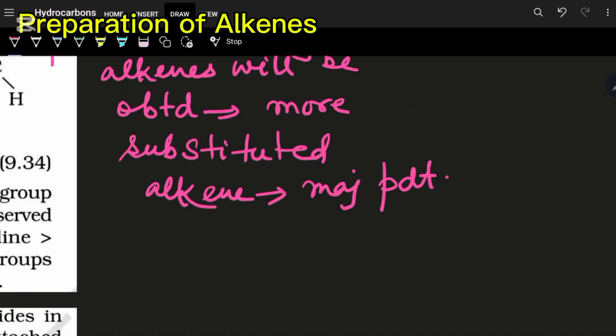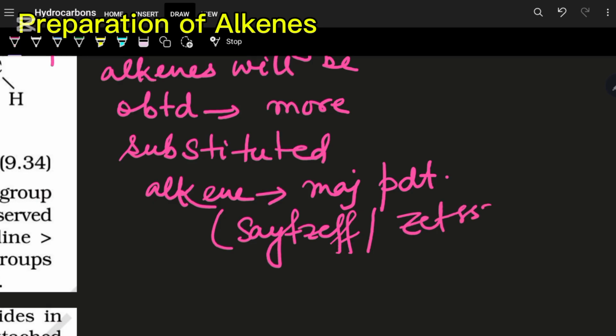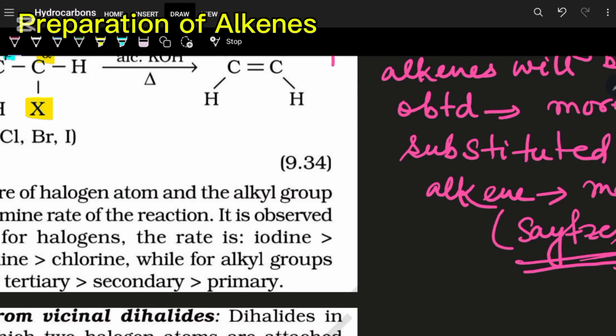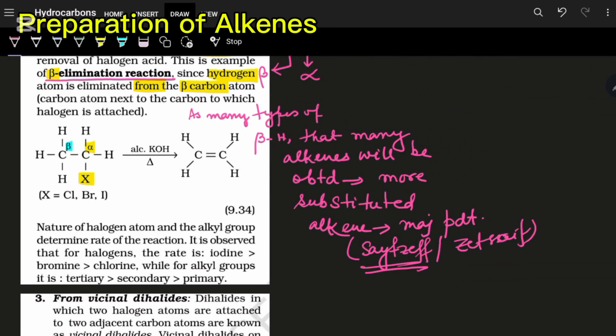This is as per Saytzeff's rule. In some books you may see it written as Zaitsev; both you may get to see. So as per Saytzeff's rule, the most substituted alkene is the major product.